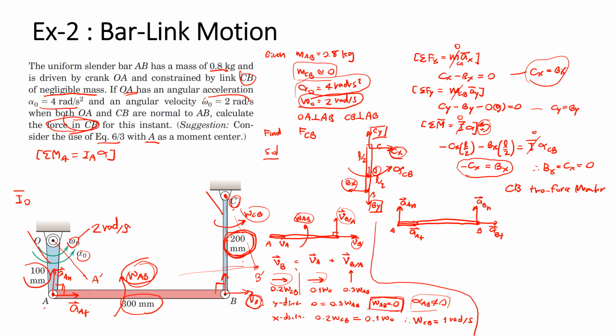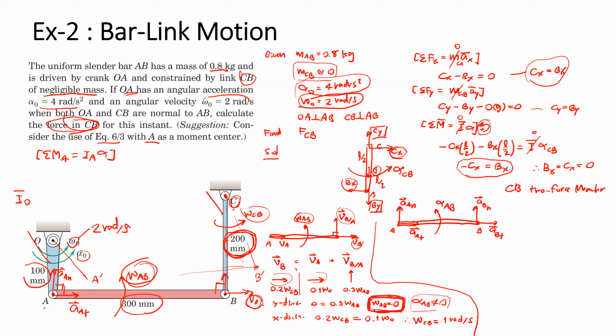And what if we have alpha of the link AB? I mentioned before that in this current situation, we proved that omega is zero.